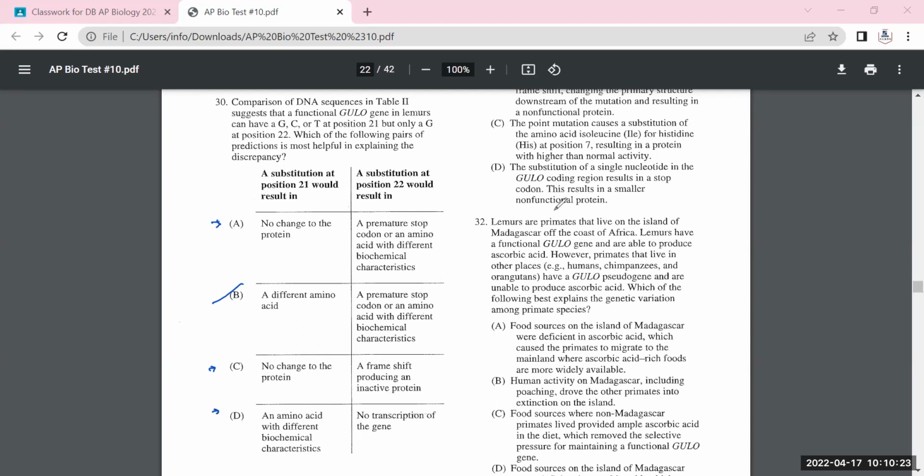Substitution at position 22 would result in premature stop codon or an amino acid with different biochemical characteristics, frame shift producing an inactive protein, no transcription of the gene, right? So essentially, of these, which is most likely to occur? It's a substitution, so we know C will not work either. How would this affect transcription? No, A is the only one that works.